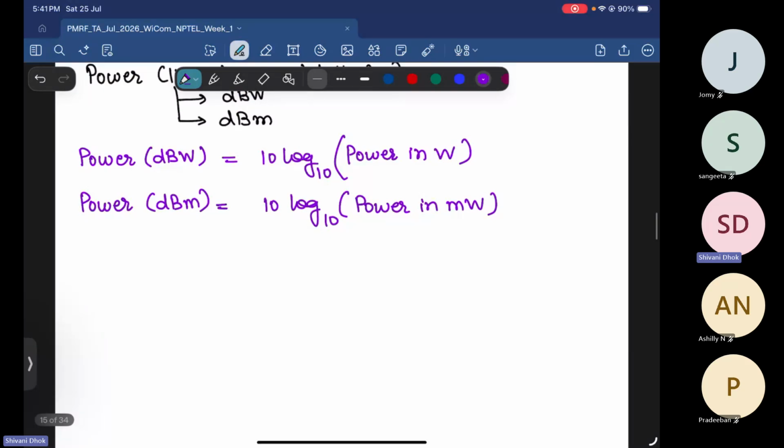Now this dBW and dBm can be related to each other by a shift. So that can be simply derived something like this. We can write power in milliwatts as power in watts into 10 raised to 3.